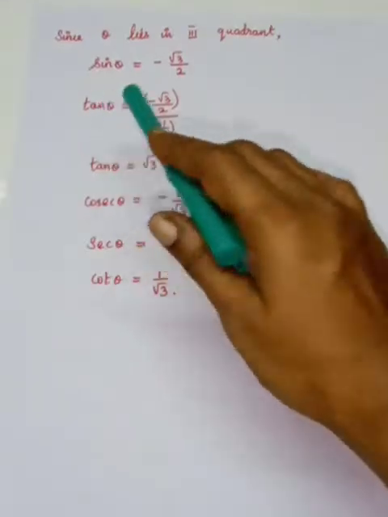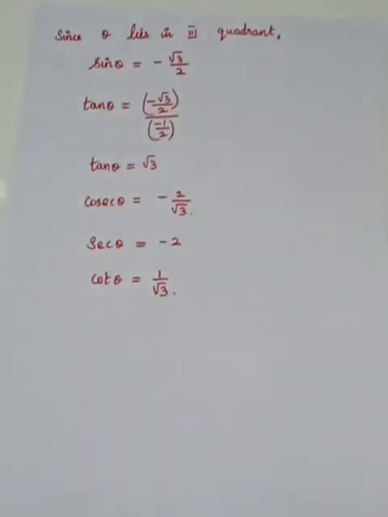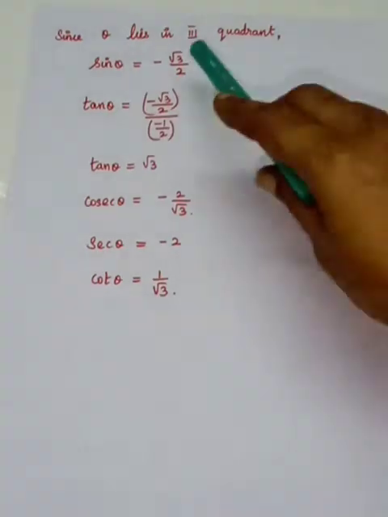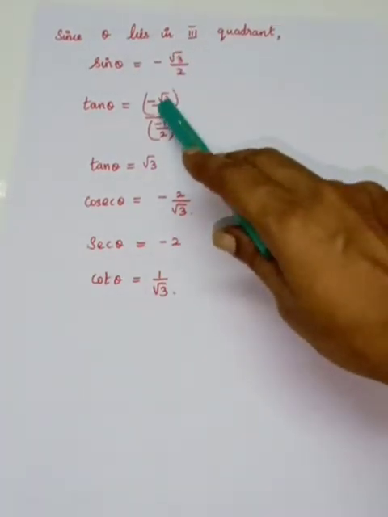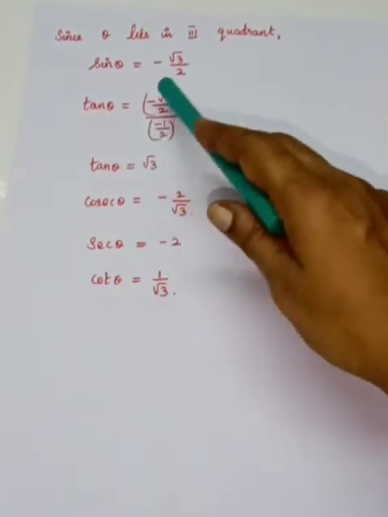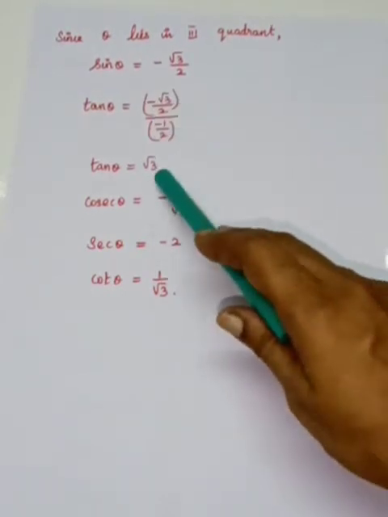Okay, so I'll go for tan theta. The tan theta formula is sin theta by cos theta. Cos theta is given in the problem as minus 1 by 2, and we have found sin theta is equal to minus root 3 by 2. So minus root 3 by 2 divided by minus 1 by 2. This 2 and this 2 get cancelled, minus by minus is plus. So your answer is root 3.